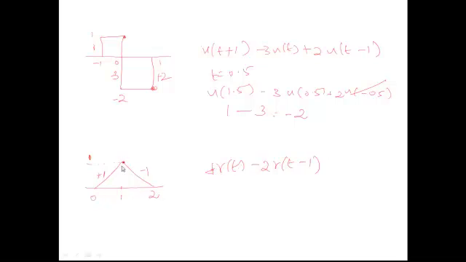It is not taking the same line; it is changing its line. Again you find it's a ramp with a slope of minus 1. So minus 1 is the present slope, plus 1 is the previous slope, and minus 1 minus plus 1 gives you minus 2. So I am writing this as minus 2 times r of t minus 1. And again, it is not extending. If it were extending like this, you would stop at this place. But what is happening is that it is stopping at 2.